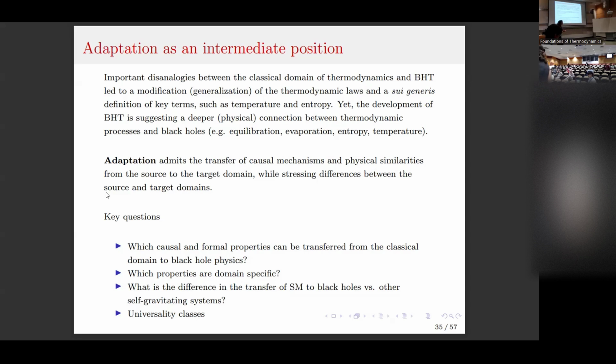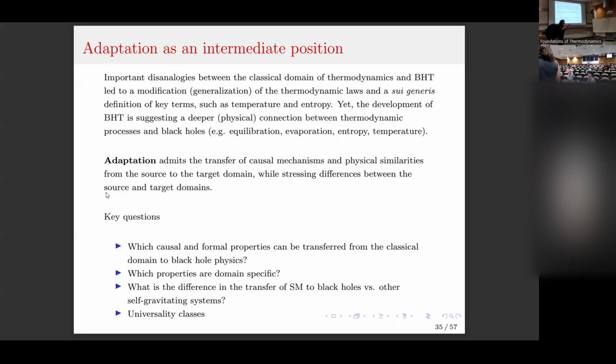I call this intermediate position adaptation, because I stress here the importance of adapting the laws of thermodynamics to the specific intended domain, in this case, black holes. There are important disanalogies between the classical domain of thermodynamics and black hole thermodynamics, which led to an important modification of the thermodynamic laws and a sui generis definition of key terms of thermodynamics, like temperature and entropy, that are defined differently in black holes than in other domains.